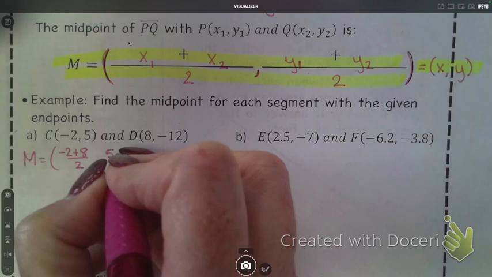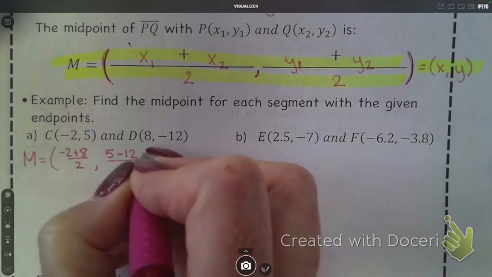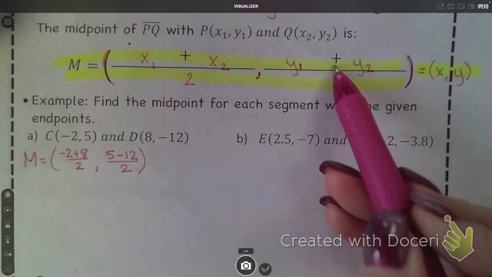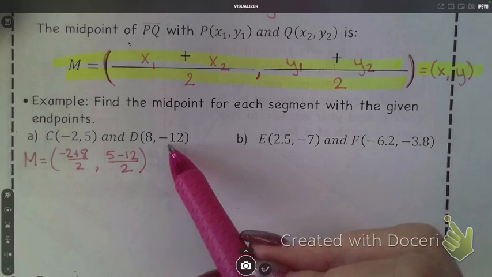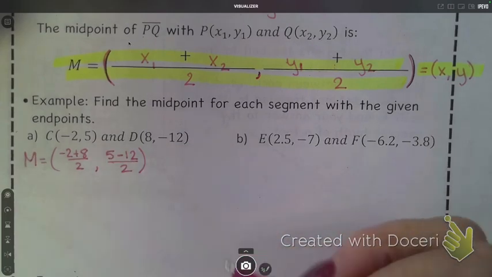And I'm not going to put plus a negative. I'm just going to put a negative. Is that okay? Wait, what? The equation is plus, but 12 is a negative. So I'm just going to put 5 minus 12 instead of plus a minus. That's gross. Makes me a little sick.